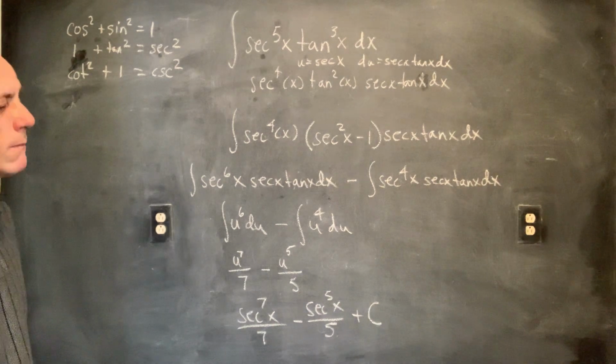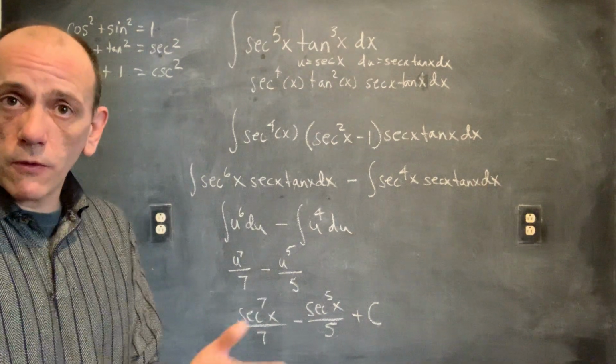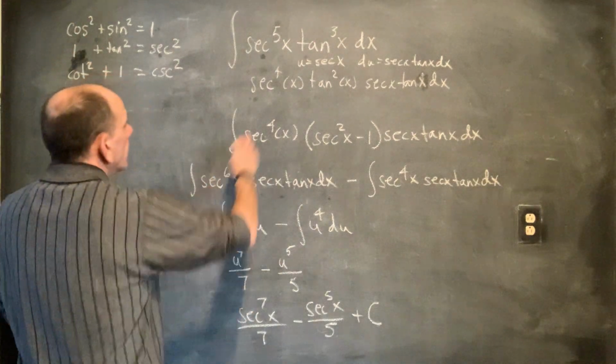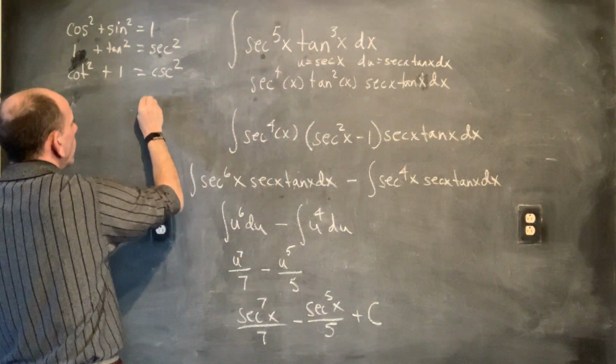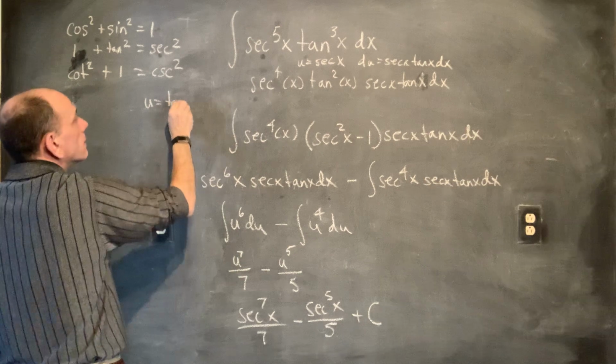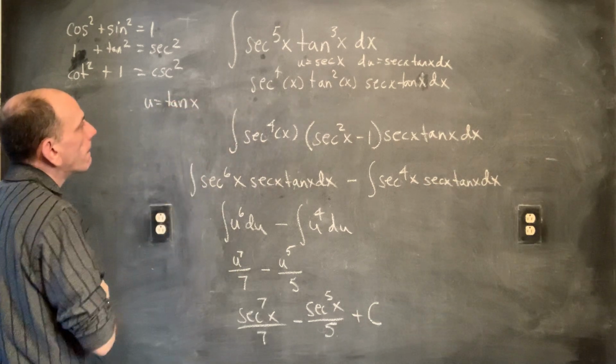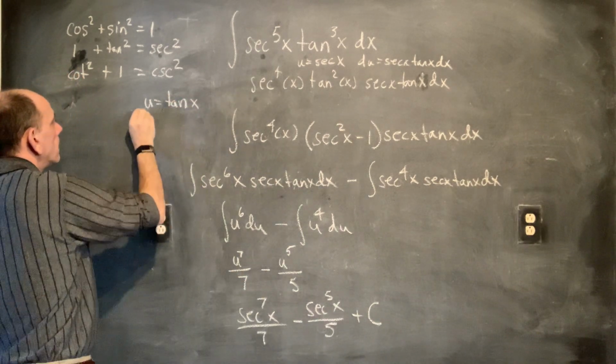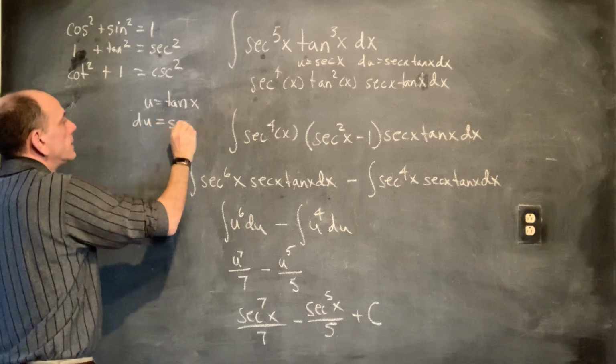Now, let's see if it would have worked if we try the other way. If I wanted to try to u sub for tangent, then I need du to be the secant squared.